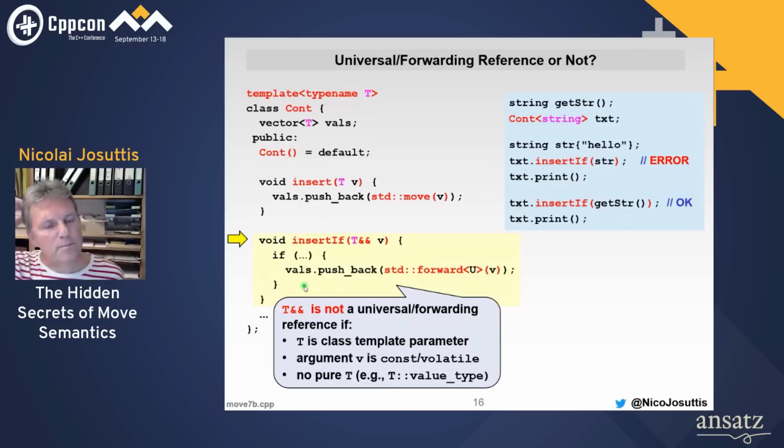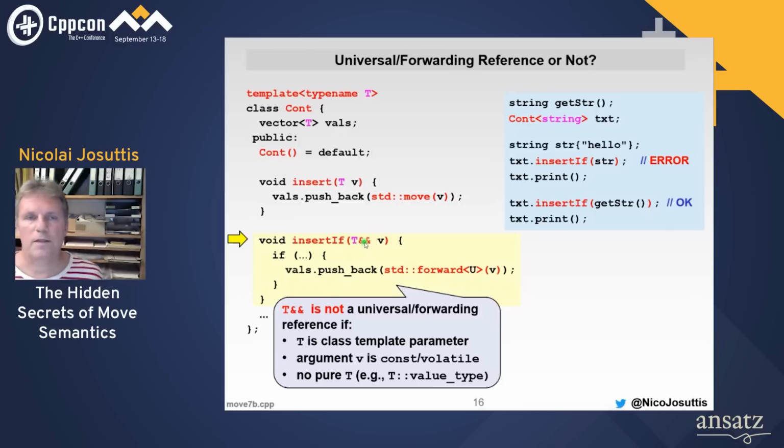So it's some templified or generic code, but the moment we know type T for the class, we have a normal member function following the rules of ordinary member functions. So this is not a universal reference. Once we know T, we accept only T with two ampersands, and that only accepts R values, so only objects that are marked with move or temporary objects.